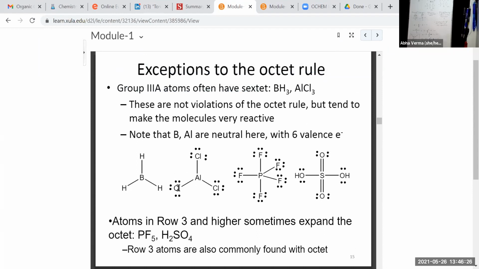Usually in the second row, how many electrons make the valence electrons for the second row atoms? 8. But borane and aluminum are special elements which can be happy with their 6 valence electrons also. And you will see down the line that these are electron deficient atoms. Electron deficient or Lewis acids.